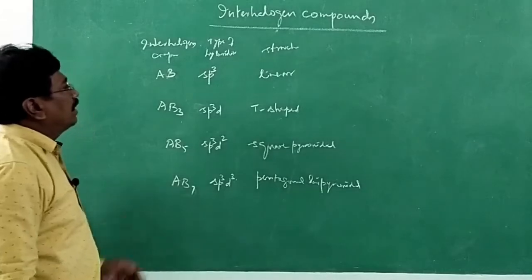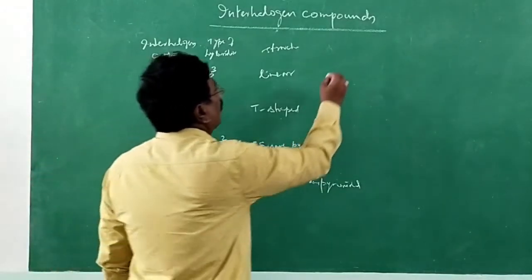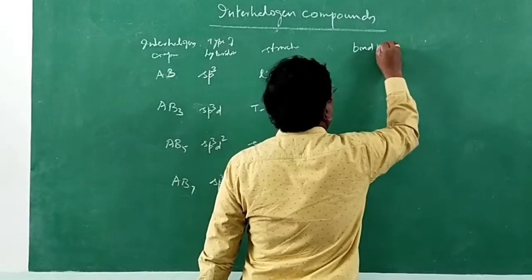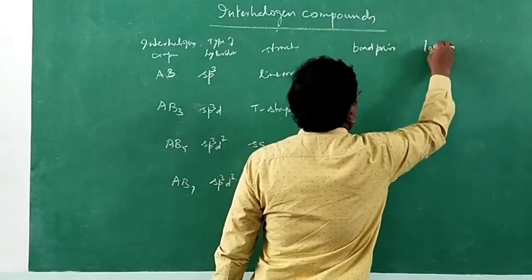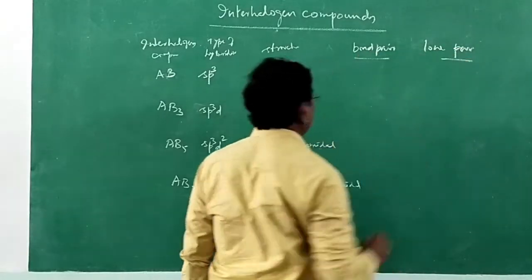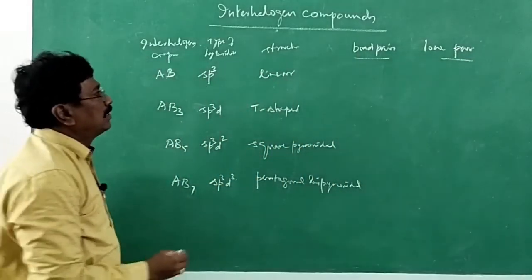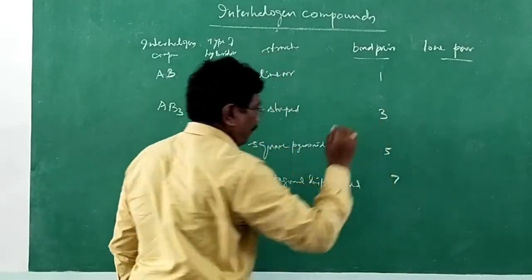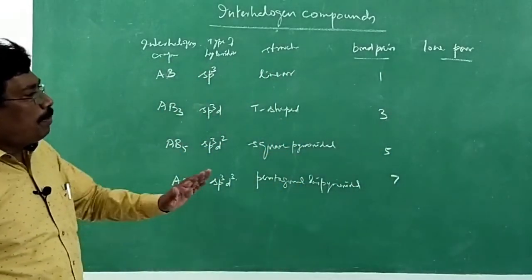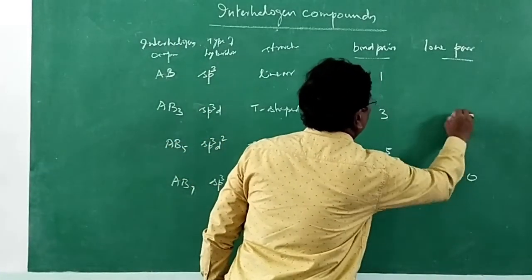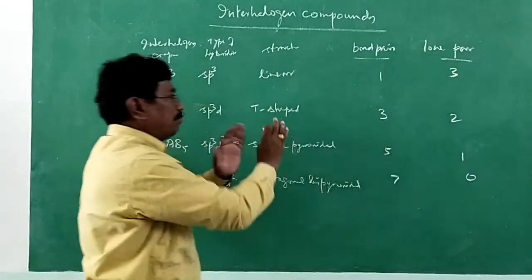How many pairs of electrons are involved? Bond pair and lone pair. How many bond pairs of electrons and how many lone pairs of electrons are present? It is very simple. 1, 3, 5 and 7, odd numbers. Lone pairs will go in the reverse direction: 3, 2, 1, 0. Let me explain how.